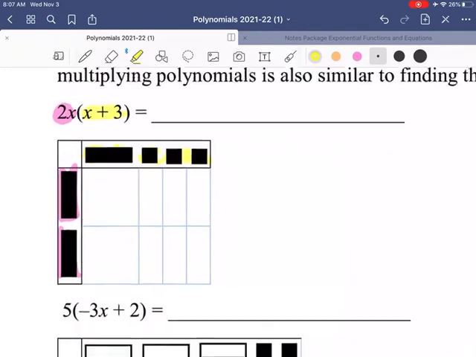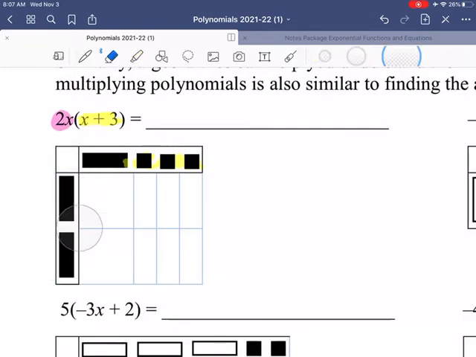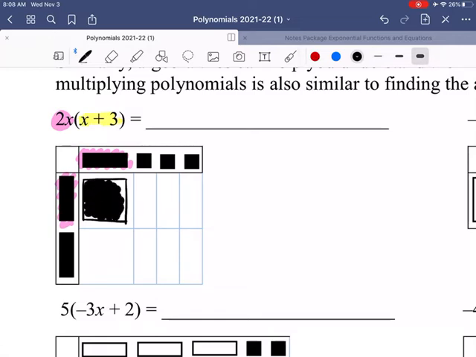Let's use the same method here. We're going to multiply the first thing by the first thing, using the same length and width. So we end up with a positive x squared. X multiplied by x is a positive x squared.